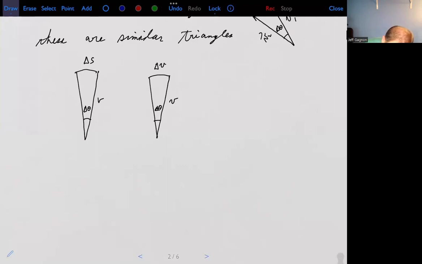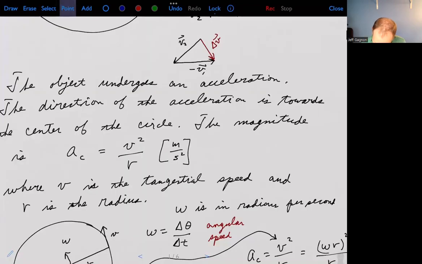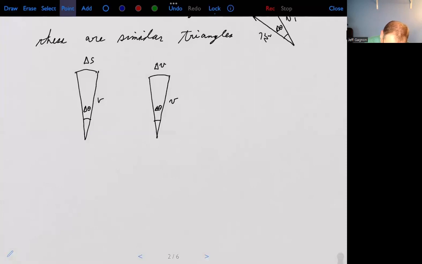By the way, because this is such a small angle, delta theta, you can think of these arc lengths as being just lines. So you can think of these as being straight. So that actually looks like two triangles. Okay, so they're similar triangles, so the ratio of the corresponding sides is proportional.